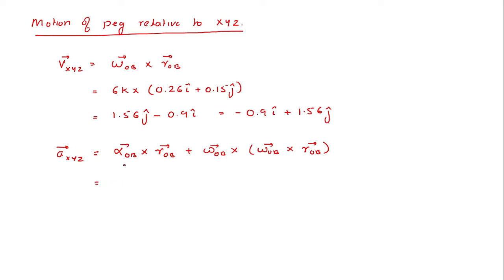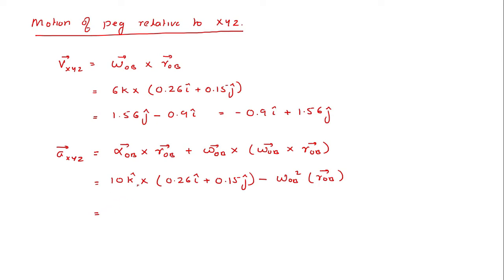Now alpha OB vector we obtained as 10k, cross 0.26 i cap plus 0.15 j cap, plus omega OB cross omega OB cross ROB, I can write it as minus omega OB square into ROB vector.